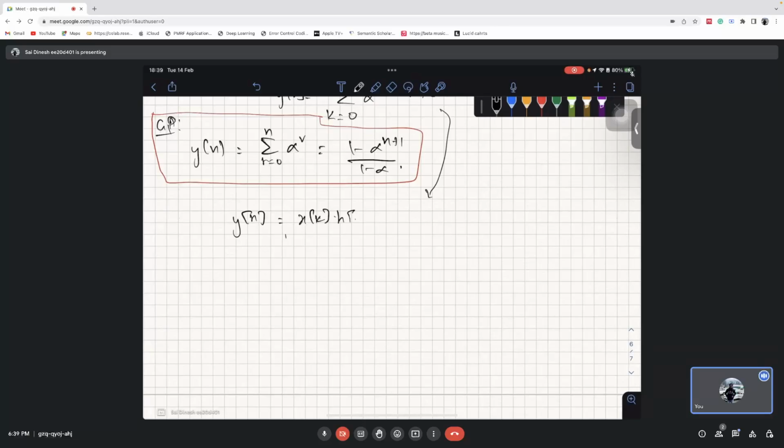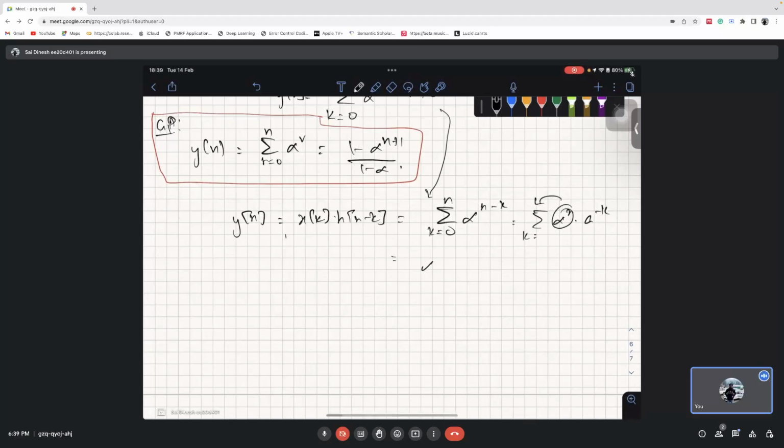x of k h of n minus k equal to, just rewrite it, the sum over k equal to 0 to n of alpha power n minus k. So k is the variable here. So this is equal to the sum of alpha power n into alpha power minus k. Since k is the variable here, we can bring it outside.